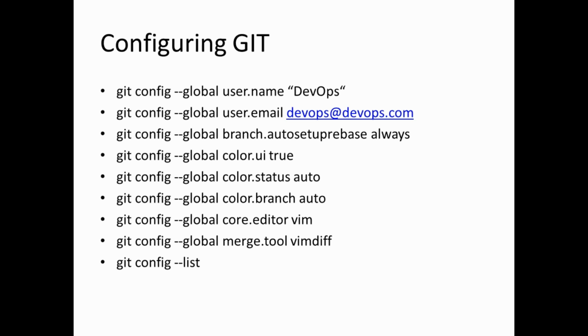To enable that, it needs a tool to get the differentiation. So we can use vimdiff. This is the basic tool used by Git to check the difference. git config --global merge.tool vimdiff. Before that, check whether you have the vimdiff tool installed or not.